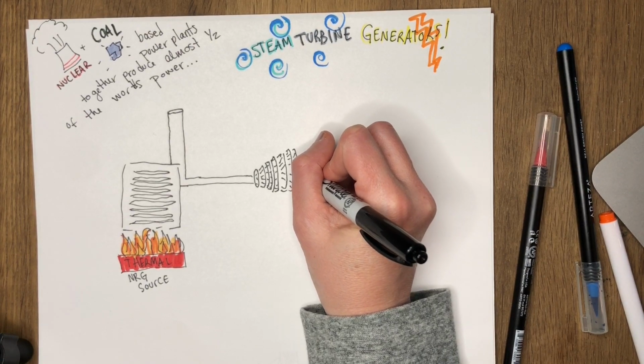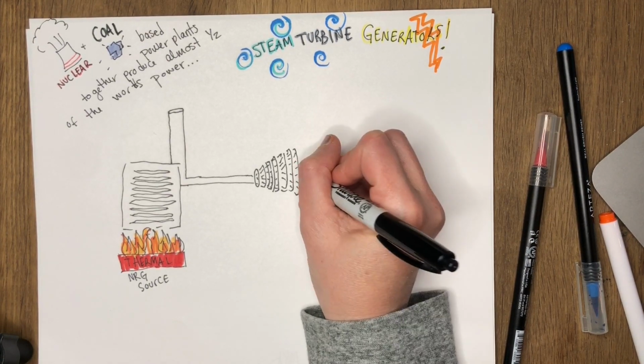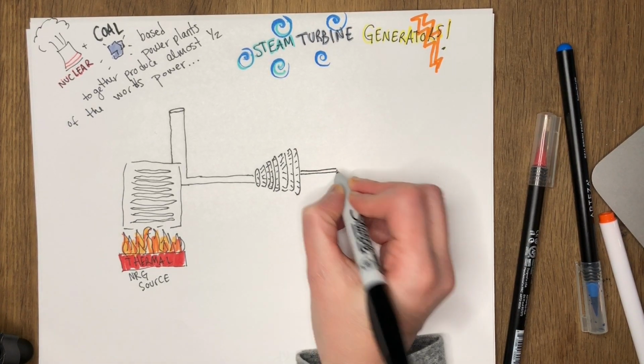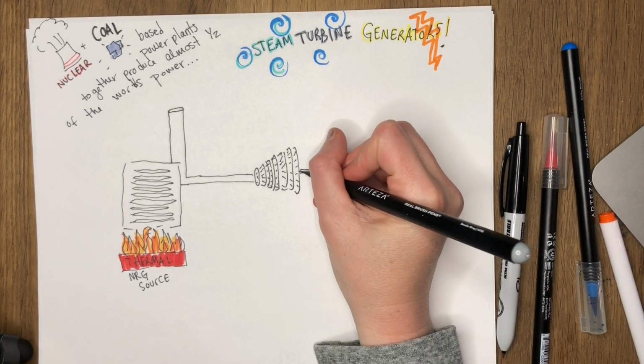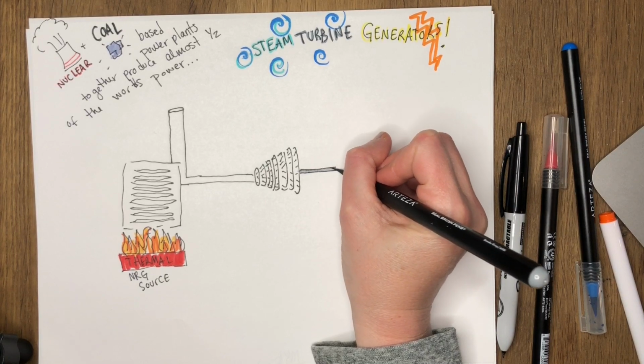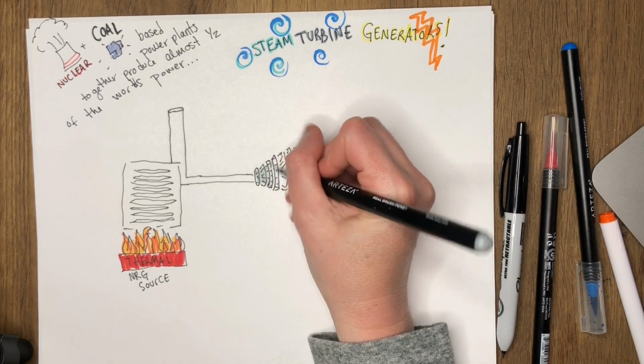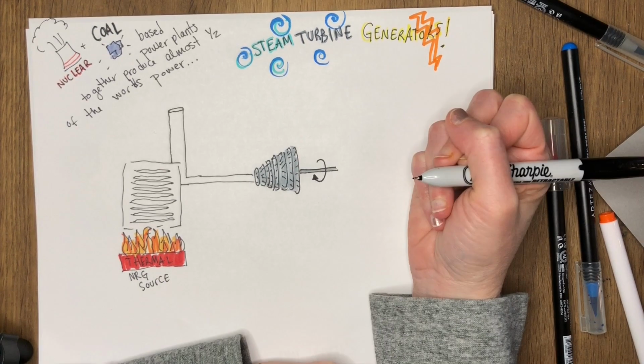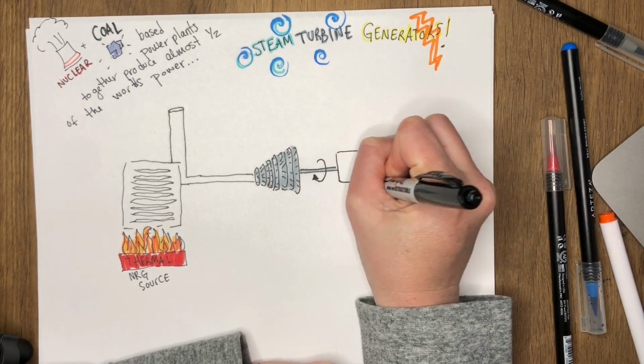So the steam is what's going to spin this turbine, and the turbine is now attached to a shaft. These turbine blades are working on a really basic principle: by spinning these wheels connected to this shaft, I can convert thermal energy into mechanical energy.